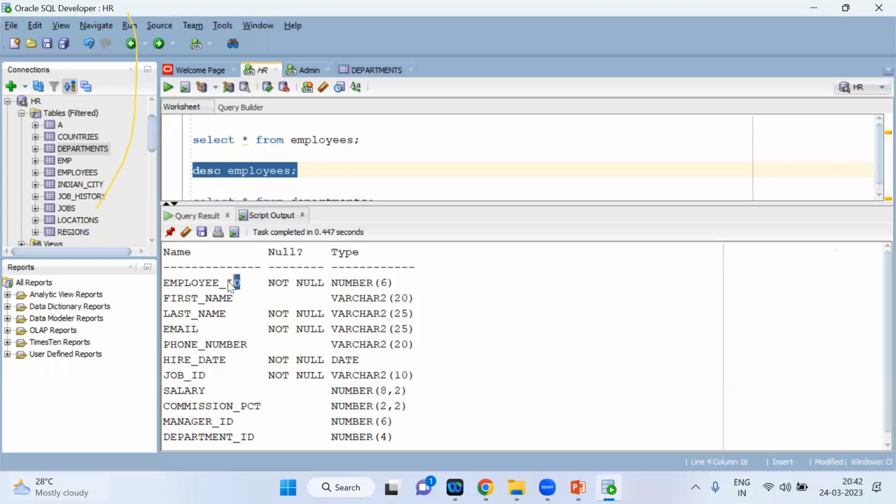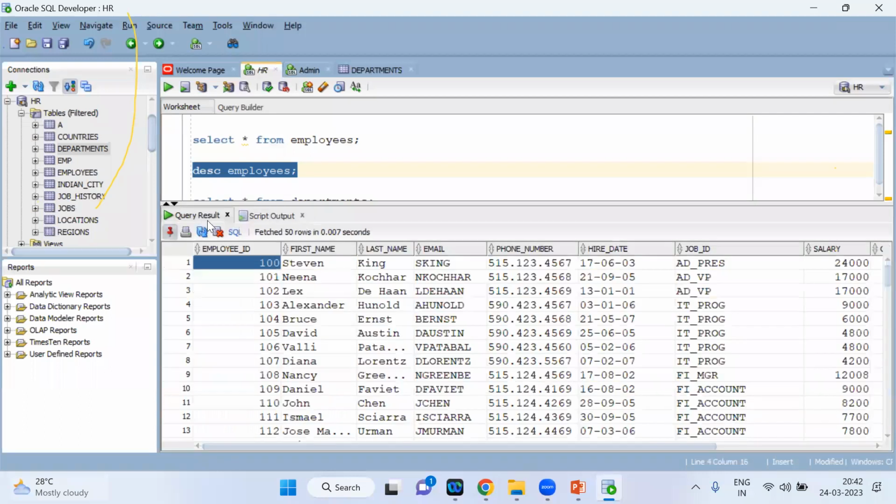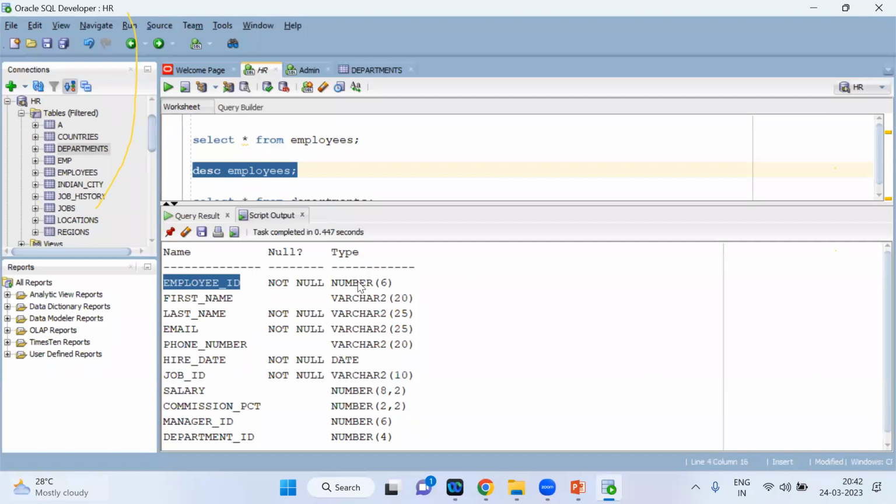You have to focus here. Employee ID has only numbers, so the data type is number.